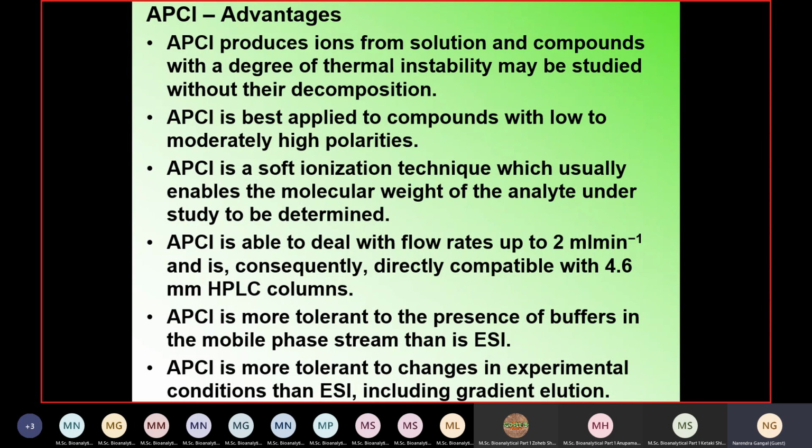It can deal with very high flow rates, because unlike your other techniques, whereby the solvent is useless as soon as the chromatography is over, for doing the chromatography or the separation of the compound of interest I need solvent. But once the chromatography is over and my compound of interest along with the solvent is out of my column, my solvent has no role in other cases.